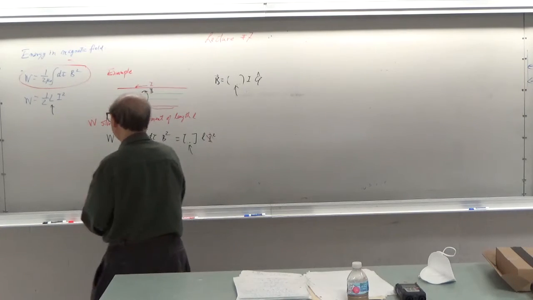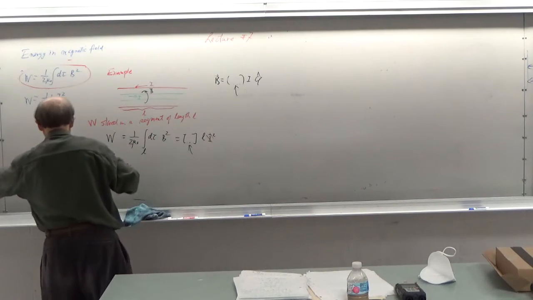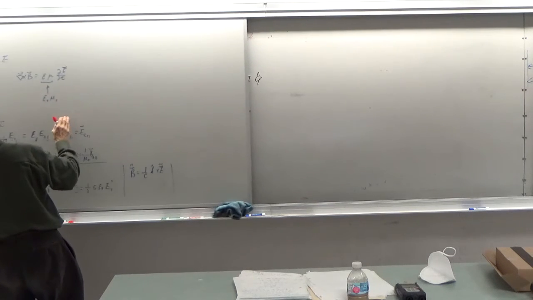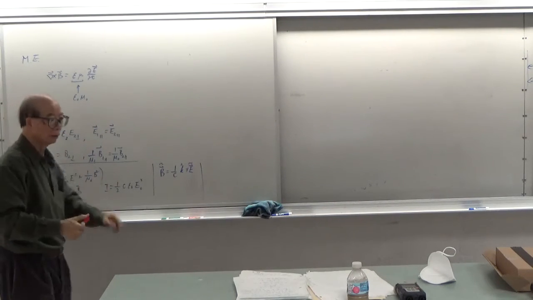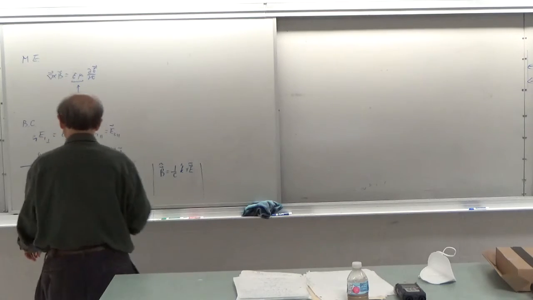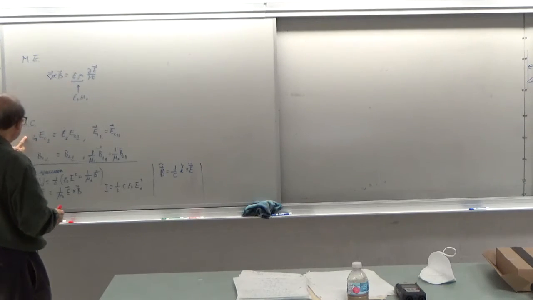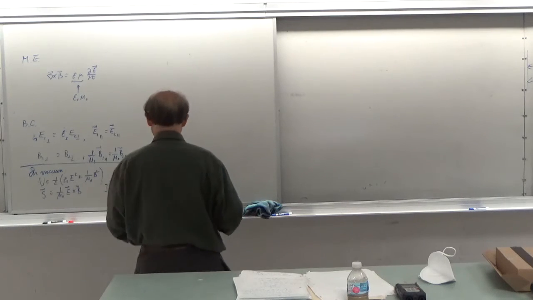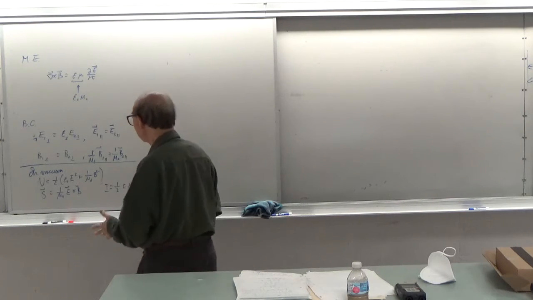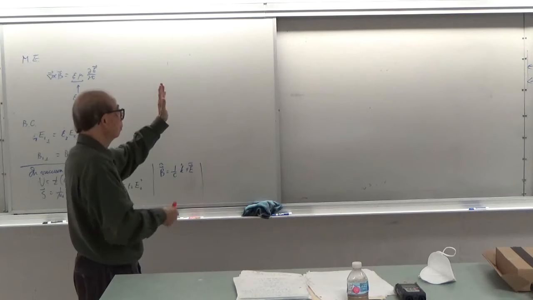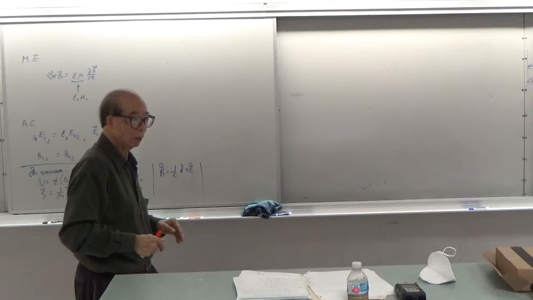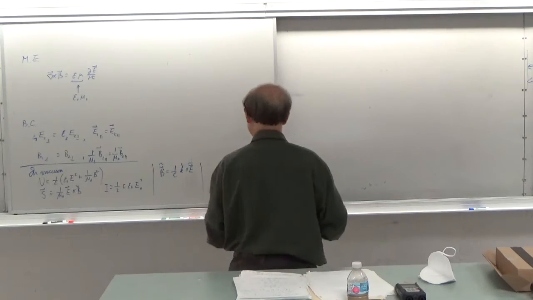I forgot to talk about this example last time. All right, so now, let's start on lecture 7. And you remember that we derived the boundary conditions for the electric field and magnetic field on an interface between two homogeneous linear media.